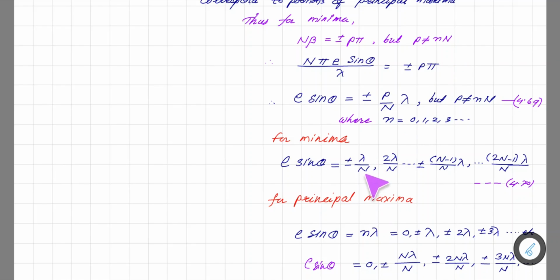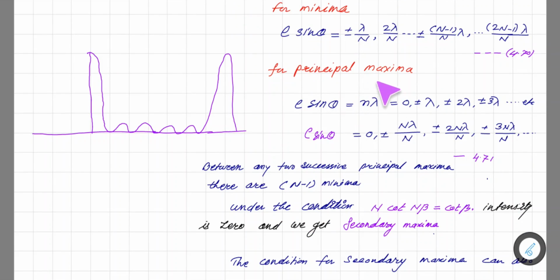Now we are talking about principal maxima. So let us consider principal maxima. Here, when we talk about the interference pattern, we get a principal maxima. This is a principal maxima, and this is another principal maxima. Now when we talk about the diffraction pattern, this is a secondary maxima.